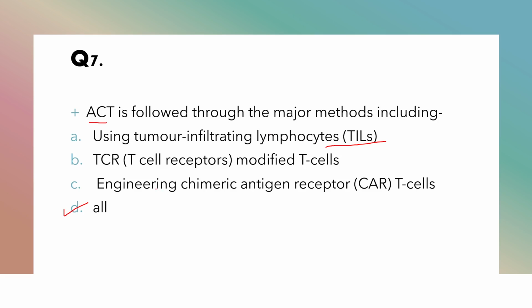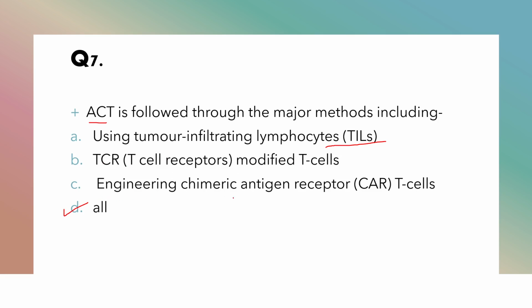Fine. Next, T cell receptor modified T cells. Yes, we are just trying to enhance the T cells' immune function, right? So if you want to enhance the T cell function, then obviously you want to modify it. So yes, it's correct. T cell receptor modified T cells.